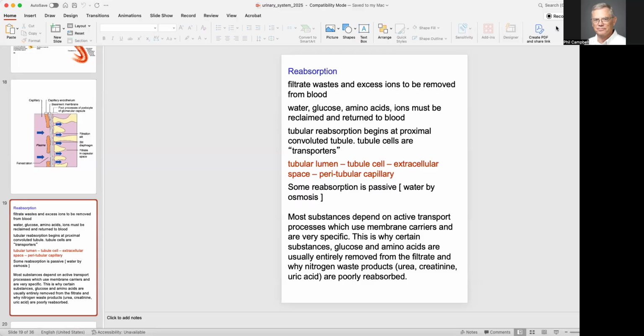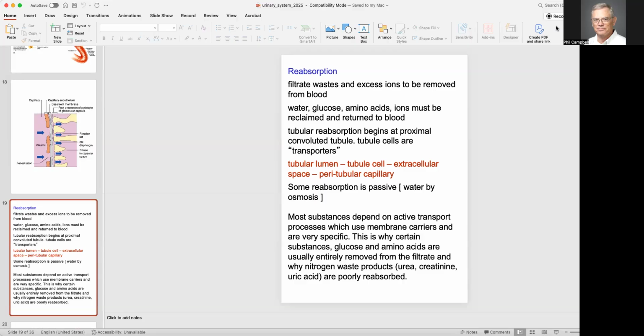It's going down its concentration gradient. So think of it, it follows salt. You move the salt, water will follow. Fine. How do you get salt across? You pump it back across. Active transport. We've already talked about that. So you have preferential active transport not only for salt, but for glucose, amino acids, and so on. All right.